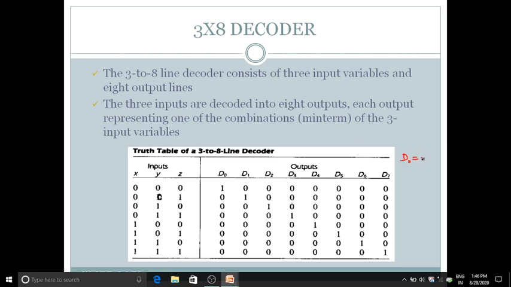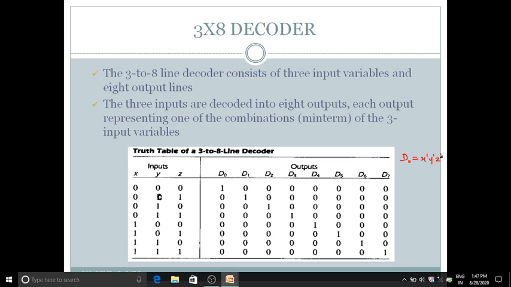We have learned all this already. The minterm corresponding to x equal to 0, y equal to 0, and z equal to 0 is x bar, y bar, z bar.